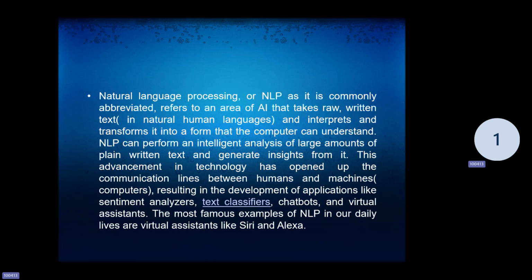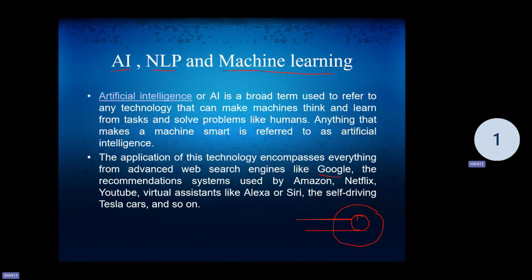Then natural language processing, or NLP. Let's take an example of a robot. A robot has intelligence, right? Because when we instruct the robot to do something, it is able to do it. So it is a smart machine. But what are the things that make the robot smart? For example, NLP. If we ask the robot to do something, first of all natural language processing works.